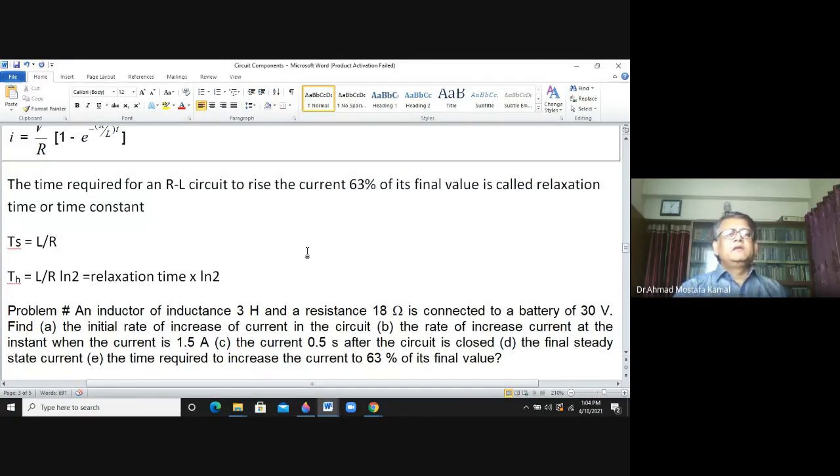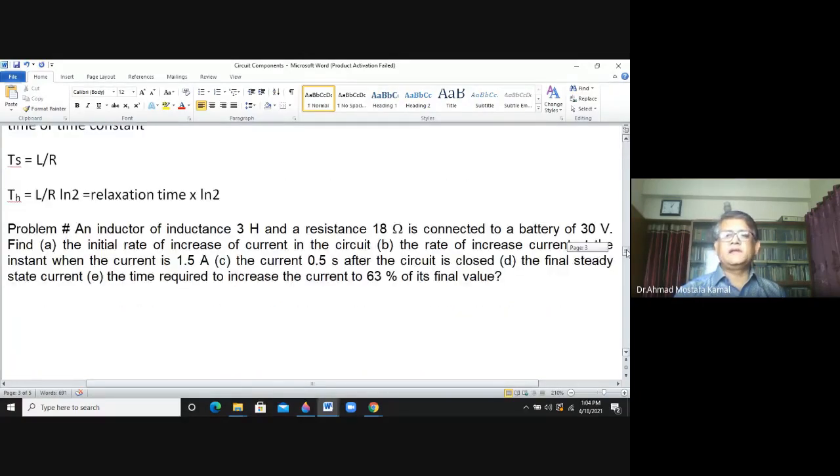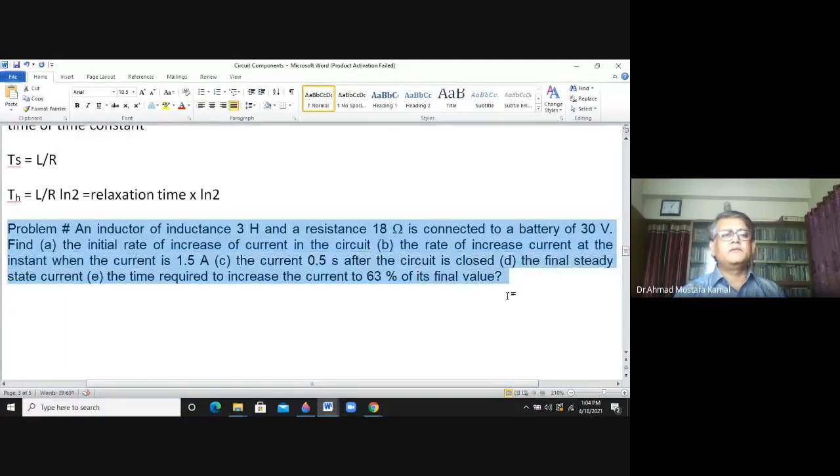So, RL circuit done. We shall go for the AC circuit, a very short discussion, no calculation there. But before that, since we have some equations here, let me solve a problem from this circuit.